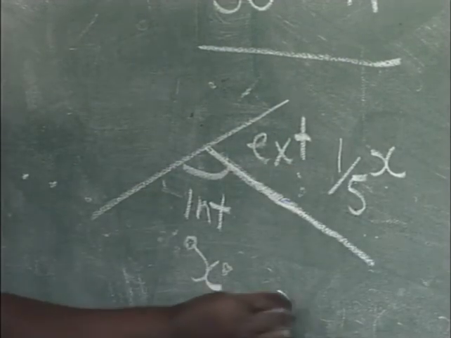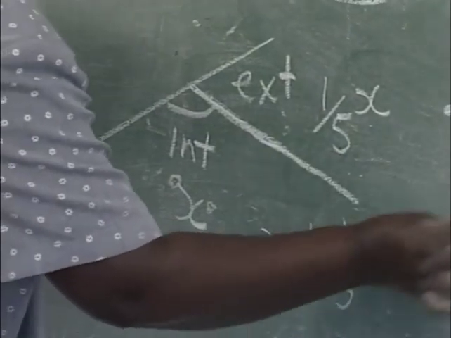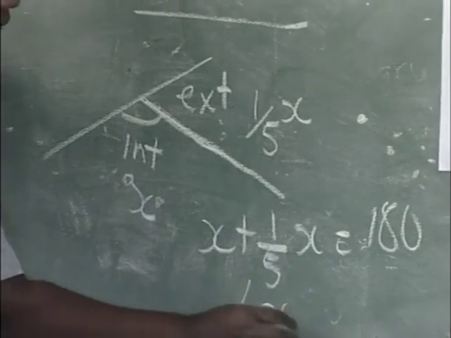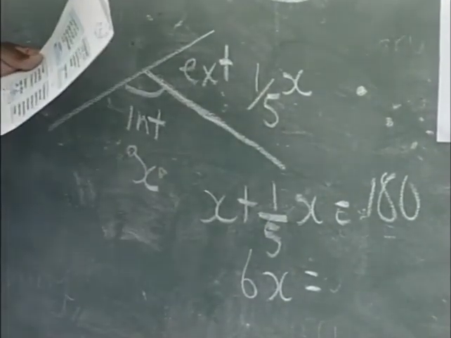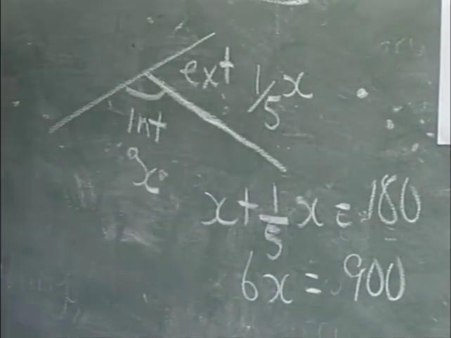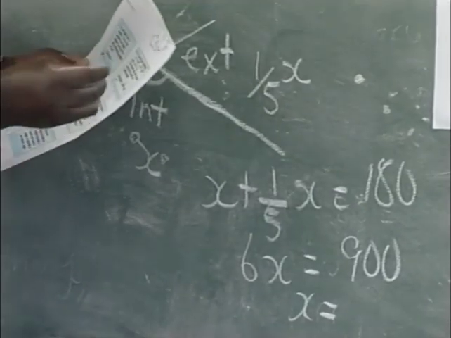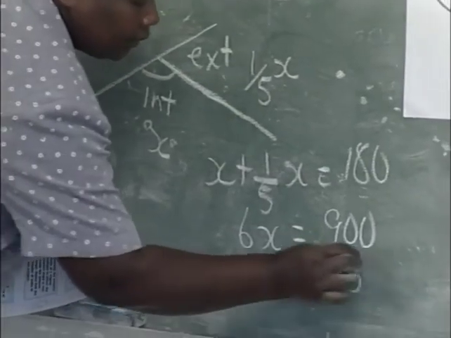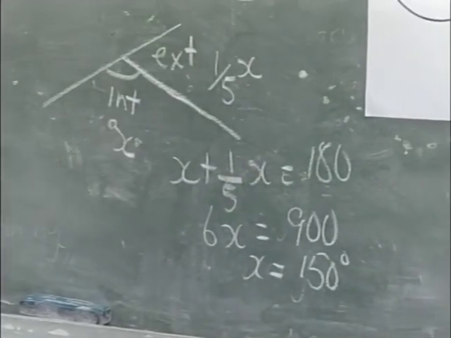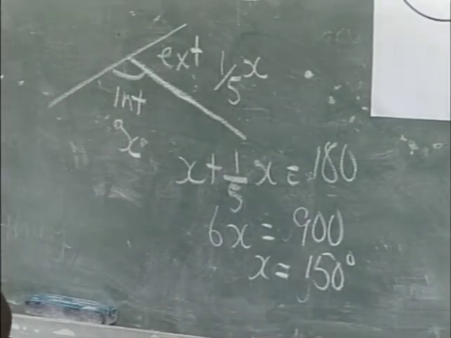So you just add x plus 1/5 of x equals 180 degrees. Multiply through by 5, I will get 6x on this side. 180 times 5 is 900, and 900 divided by 6 is equal to 150 degrees. It says you have to find the number of sides. Divide 360 by 150?